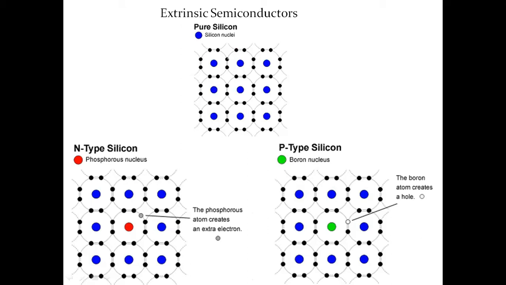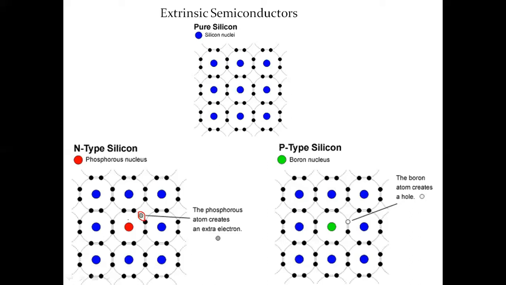Now, if you want to form an extrinsic semiconductor, then you dope that group 4 element with a group 5 element or a group 3 element. If you dope with a group 5 element like phosphorus, the outermost shell contains 5 electrons. Out of these 5, 4 are used for the formation of covalent bonds, and this one electron is loosely bound to that atom.